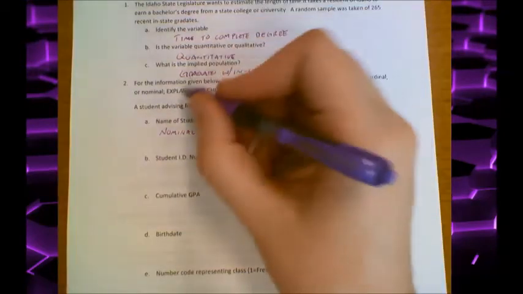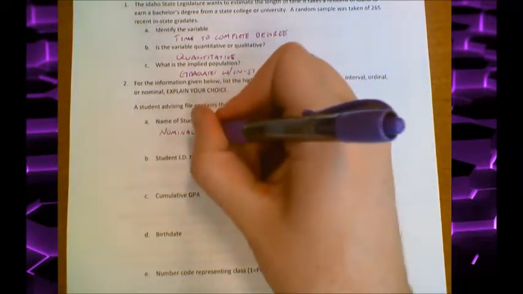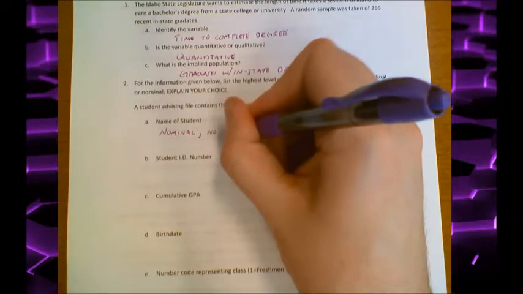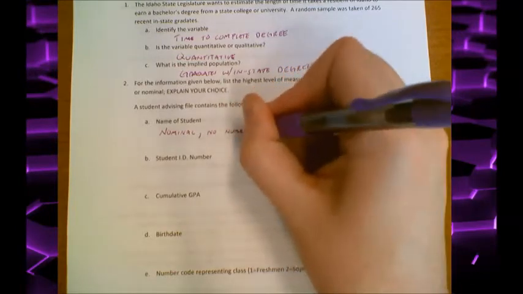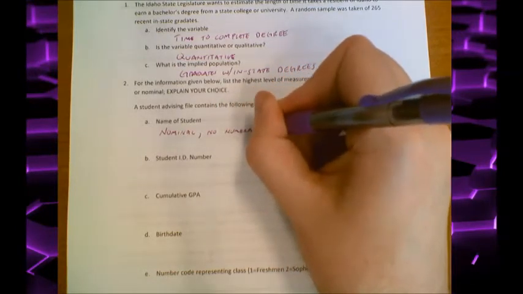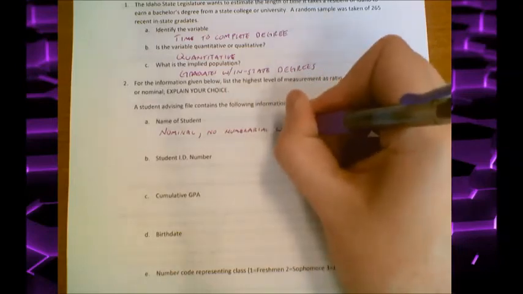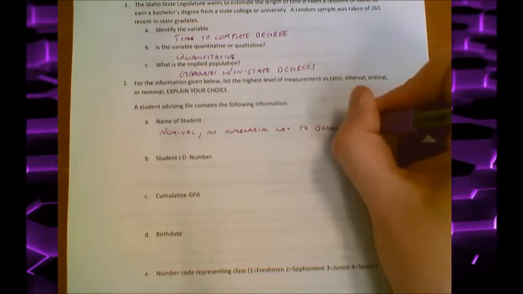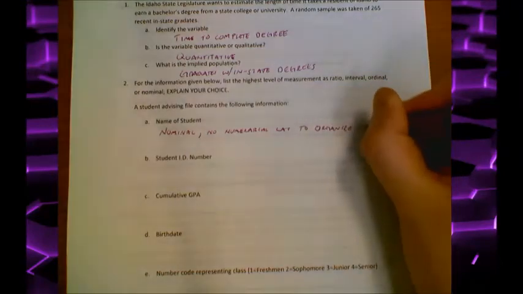And then we want to explain our choice. So I'd say, well, it's going to be nominal because there is no numerical way to organize that data, or the responses.